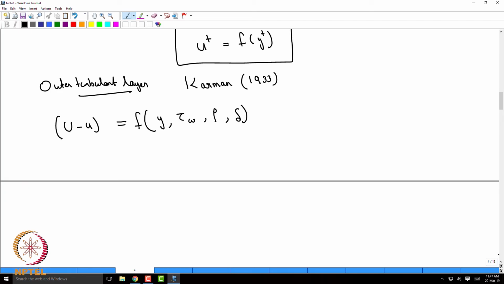Delta is the total height of the fluid layer that is affected by the wall. In fact, later you will learn that that is called the boundary layer thickness, while y is going to be the exact position. So you can expect that you should get something proportional to y by delta, really like the radius of the pipe or whatever.